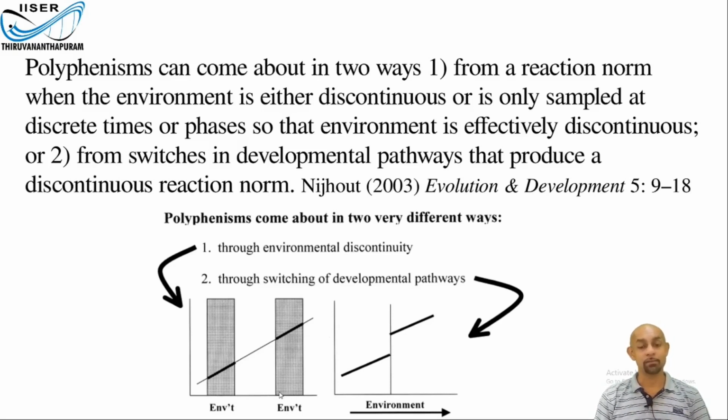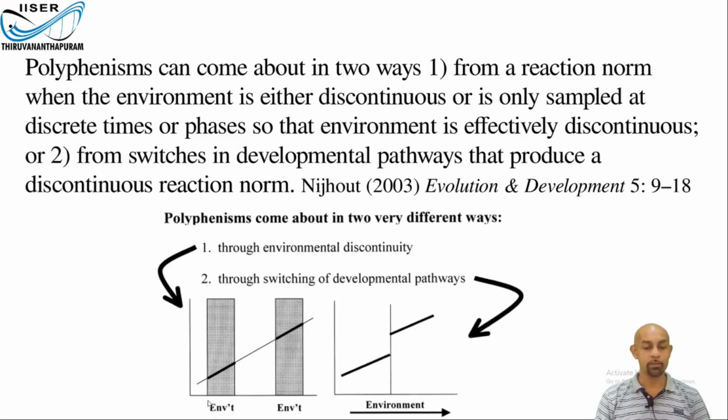But in nature, the developing animals or plants, they don't experience all of these possible environmental conditions. Let's assume they experience only discrete environments, so either environment ranging from here to here or from here to here.